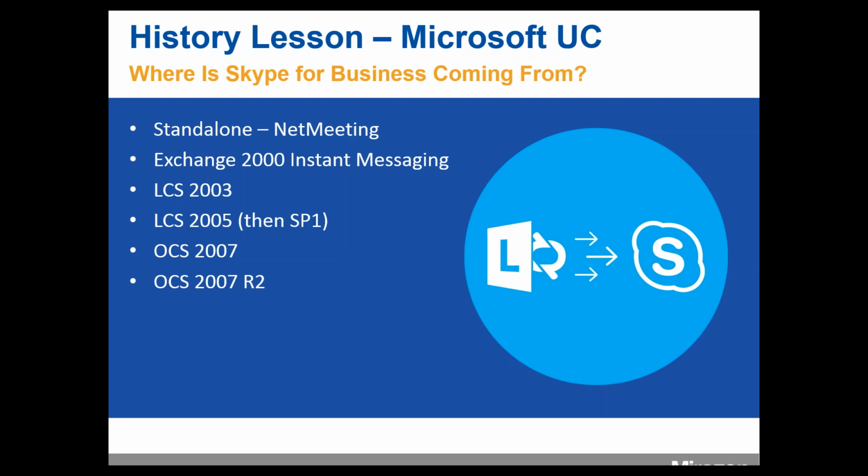With OCS 2007 R2 properly configured, and a few other pieces of hardware and software, I can now have my legacy or my on-premises phone system talk with my Microsoft software suite, OCS 2007 R2. I could ring a plastic phone and I could ring a headset at the same time and answer whichever one was the most convenient for me. Today, in 2015, that doesn't sound like a big deal, but it was a big deal 6 or 7 years ago.